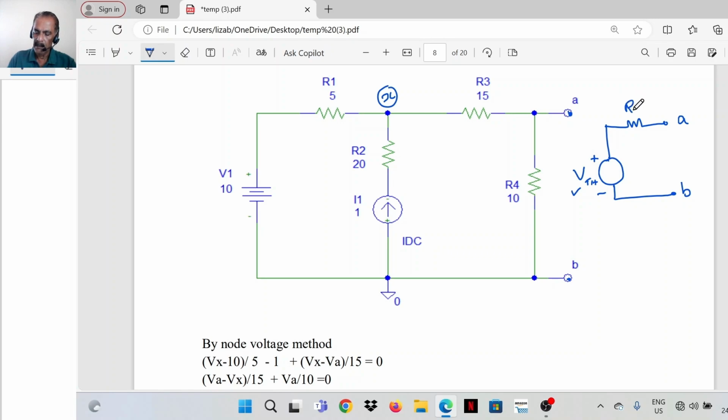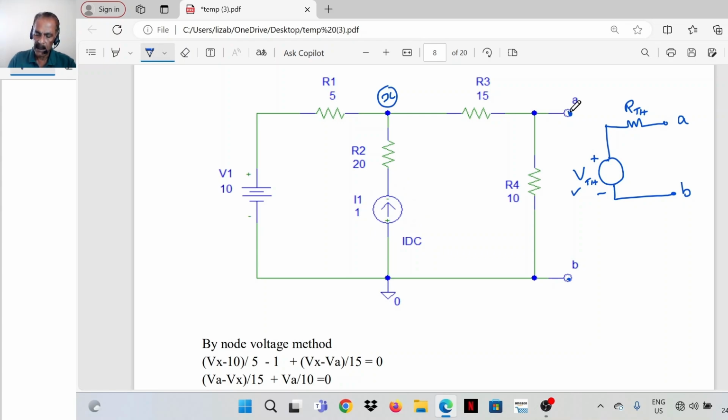Then the magnitude of the series resistance: replace all the sources with their internal resistances and measure the resistance across terminals A and B. So the voltage source is to be replaced with a short circuit and the current source should be replaced with an open circuit.